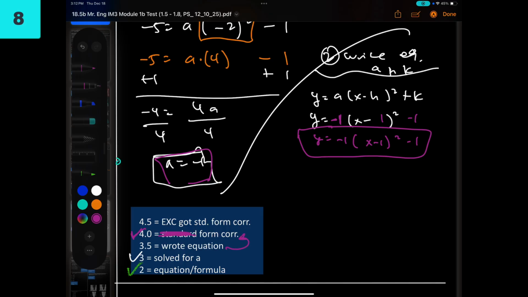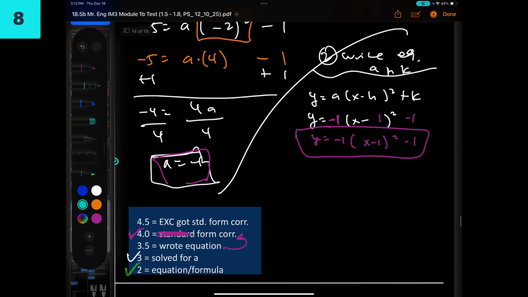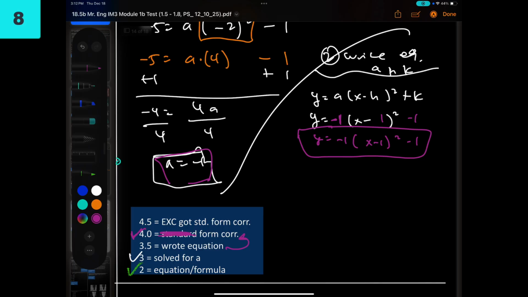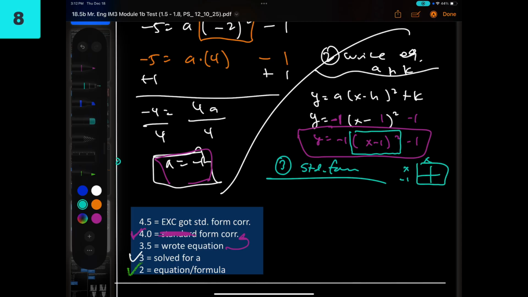To get the extra credit, to get standard form, okay, still PEMDAS, you're going to have to do the (x minus 1) squared first. That'll give you x squared minus 2x plus 1.